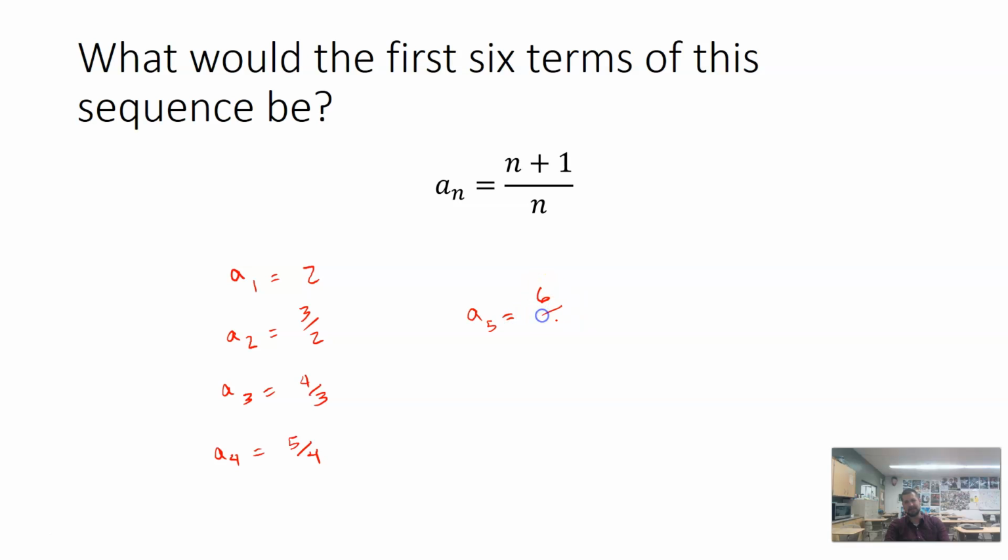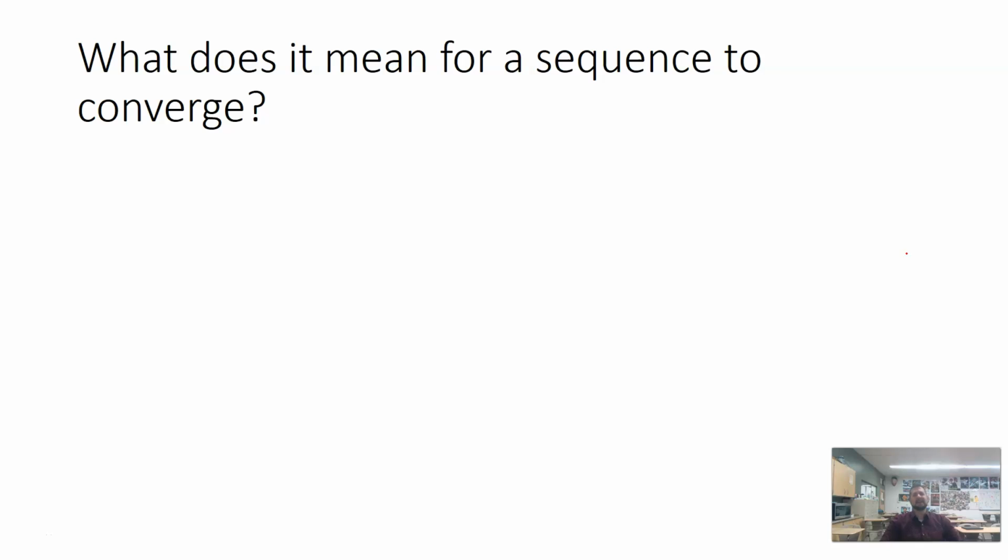So I'd get 6 over 5. And then a sub 6 would be 7 over 6. And we could keep finding more and more in that sequence if we wanted to. And we could write the sequence like this, 2, 3/2, 4/3. And you really only have to write the numbers in a sequence until you can recognize what the pattern is. Okay, so that would be the first 6 terms in that sequence.